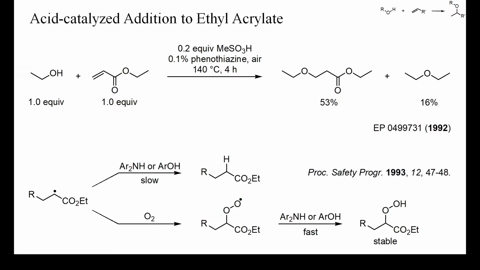The resulting hydroperoxides are quite stable at room temperature and no longer propagate any radical chain reactions. For this reason, stabilized acrylates and other terminal electron-deficient olefins should be kept under air. This is, however, not the case for more electron-rich alkenes, such as vinyl ethers.